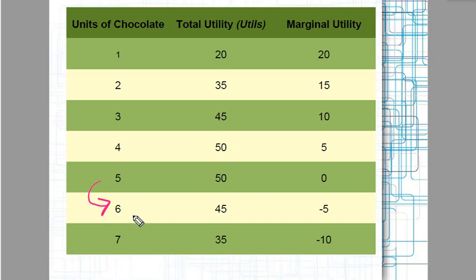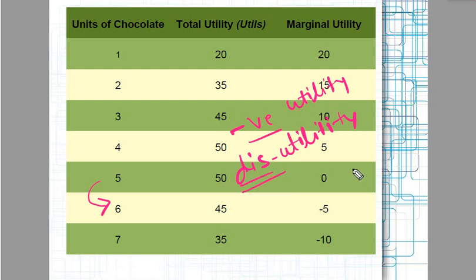It may make you uneasy, and that is what is called disutility or negative utility. Simple. So after a certain point of time, things may actually start falling in value.